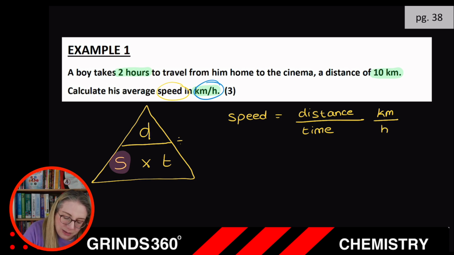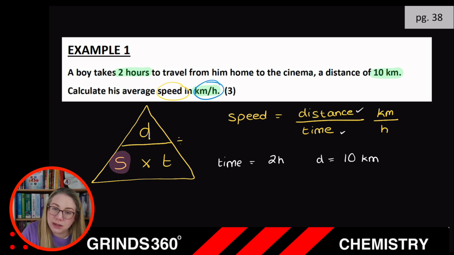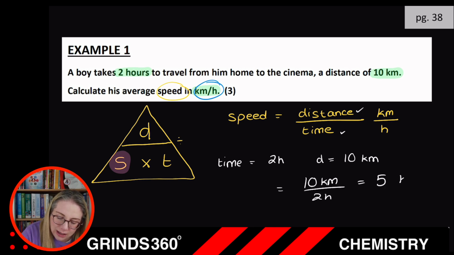Based on the information in the question, the time is 2 hours. The distance is 10 kilometers. So we have distance and we have time. Now we can put the numbers in there. That is 10 kilometers divided by 2 hours is equal to 5 kilometers per hour. So it's kilometers per hour. That's what the divide means.